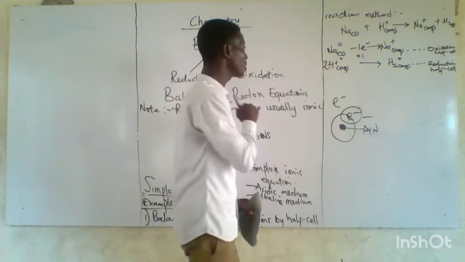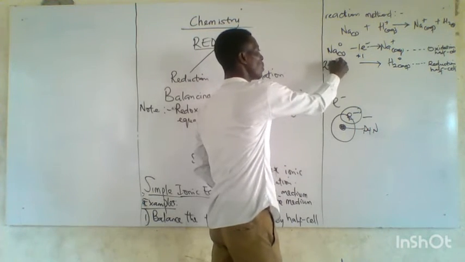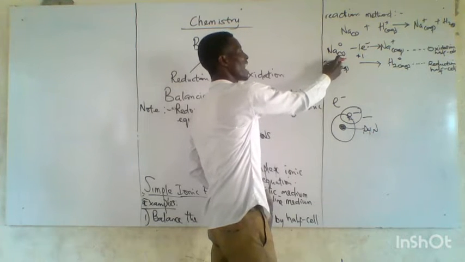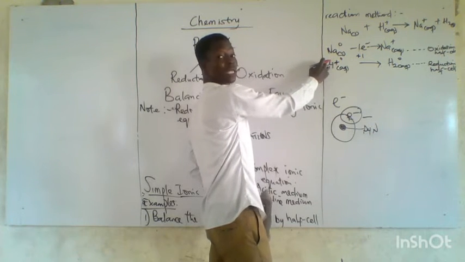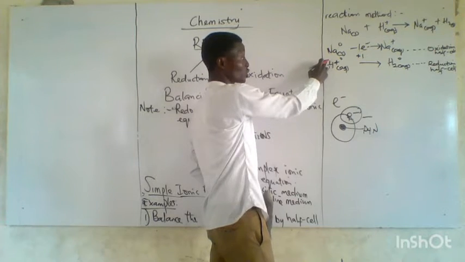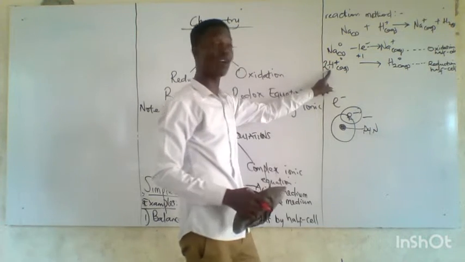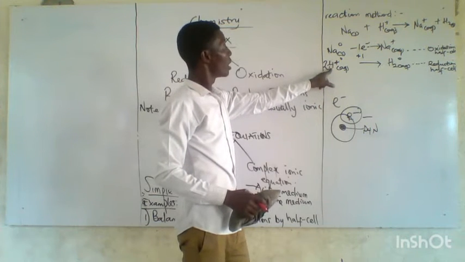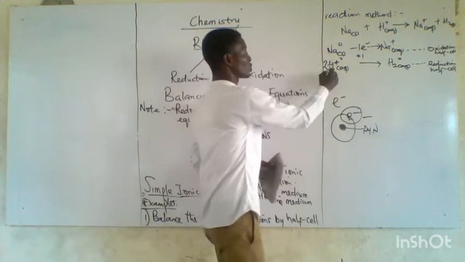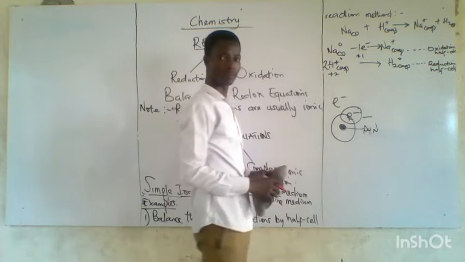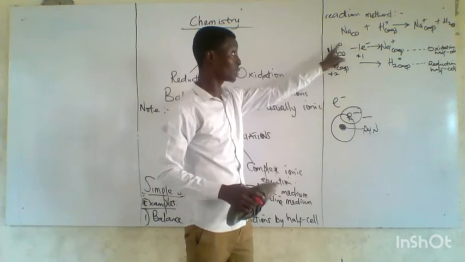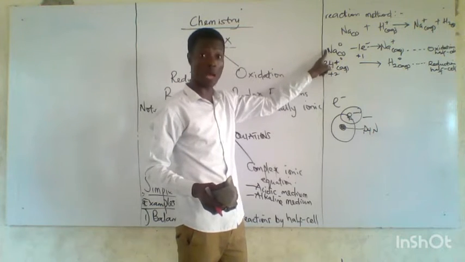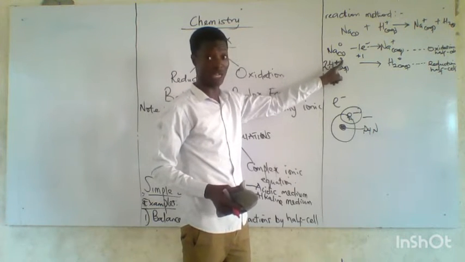So, can I try the other one ionically now? Ionically, how am I going to do that? Plus 1 is here. This plus 1, I have to multiply it with this 2 here. That's the coefficient of hydrogen ion, hydrogen plus, to get plus 2. Right? I did the same thing here, but I didn't just mention it. 0 times invisible 1 here will still give you 0. Do you get it now?